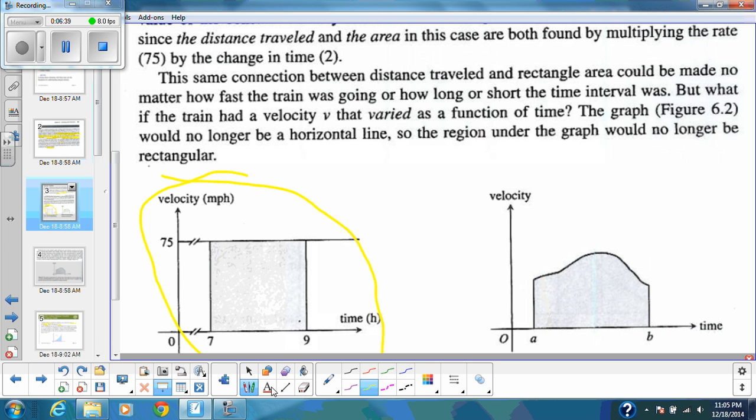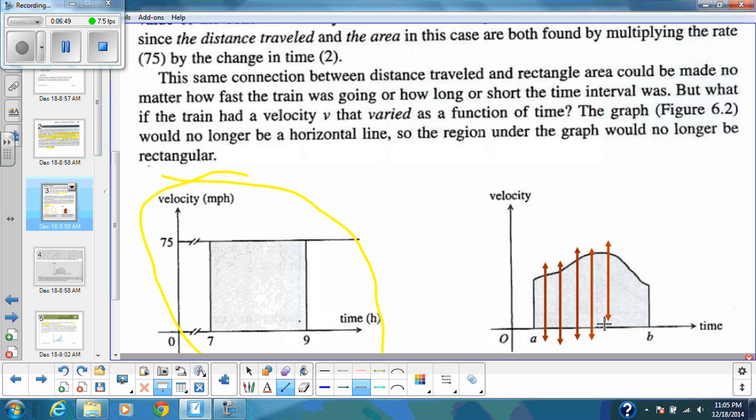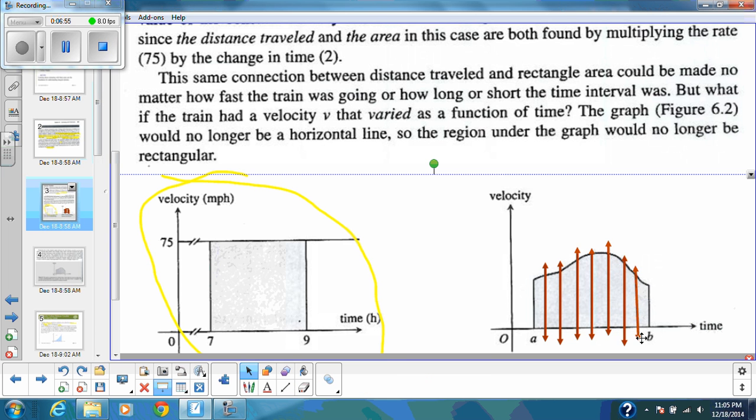So if I cut this up into a bunch of rectangles, and I find the area of each of these rectangles, and you can imagine if these rectangles got smaller and smaller, the difference in the height of your velocity would get smaller and smaller.